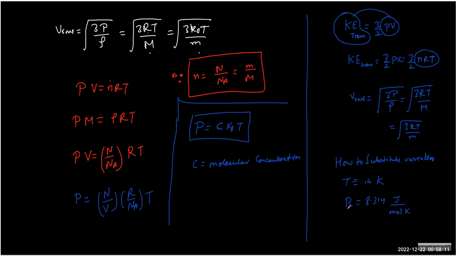So if you multiply R with mole and with Kelvin, it becomes joule. How to substitute capital M? Kilogram per mole. Small m in kg. So when you are substituting a small m value, you need to put the actual value in kg.